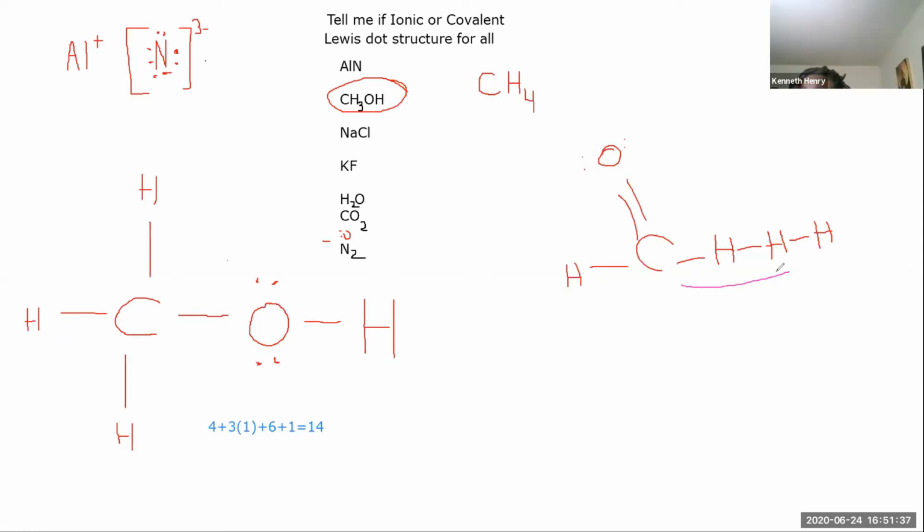Is that possible? No, because they can only hold up to 2 valence electrons. So hydrogen can never be a center atom. Never, ever.